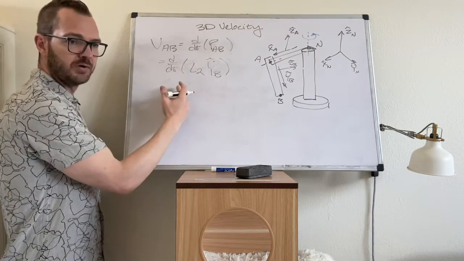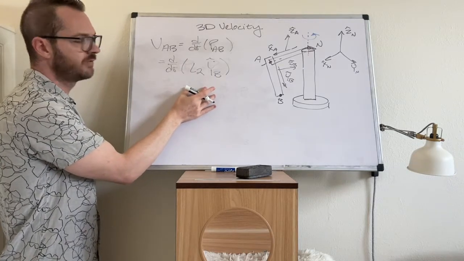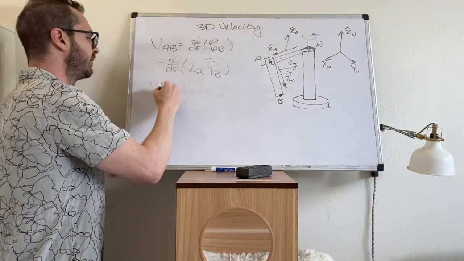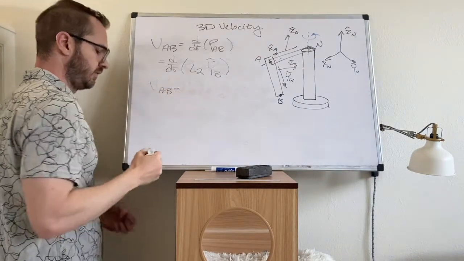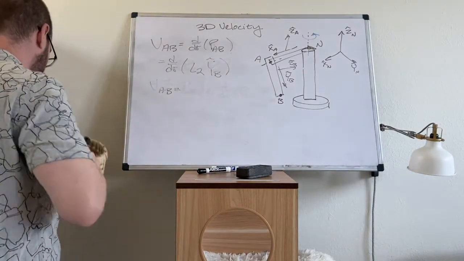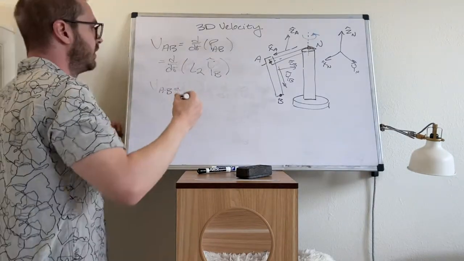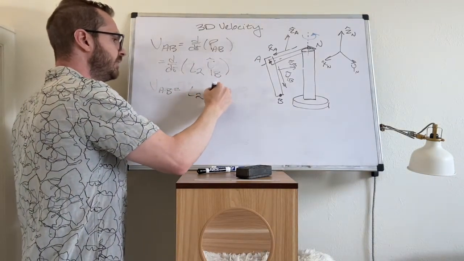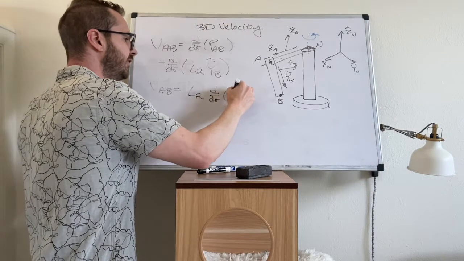We can do a product rule expansion. We know that ddt of L2 is 0 because L2 is a constant. We're going to be left with VAB is L2 ddt of YB.